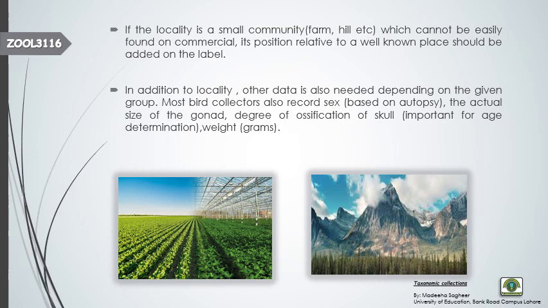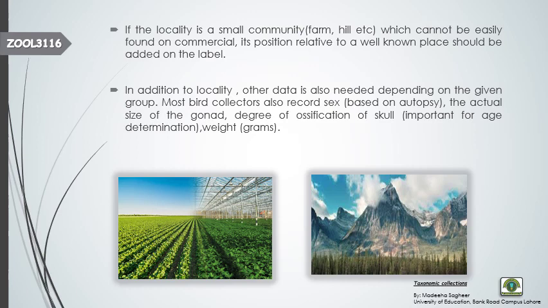So, in addition to locality, other data is also needed on the label. For example, if we talk about animals, then sometimes taxonomists record the sex of the specimen, and they measure the actual size of the gonads, the reproductive organs. They add these sizes on the label, as well as the degree of ossification of the skull. Why is ossification of the skull important? Because in this way we can determine the age of our specimen.